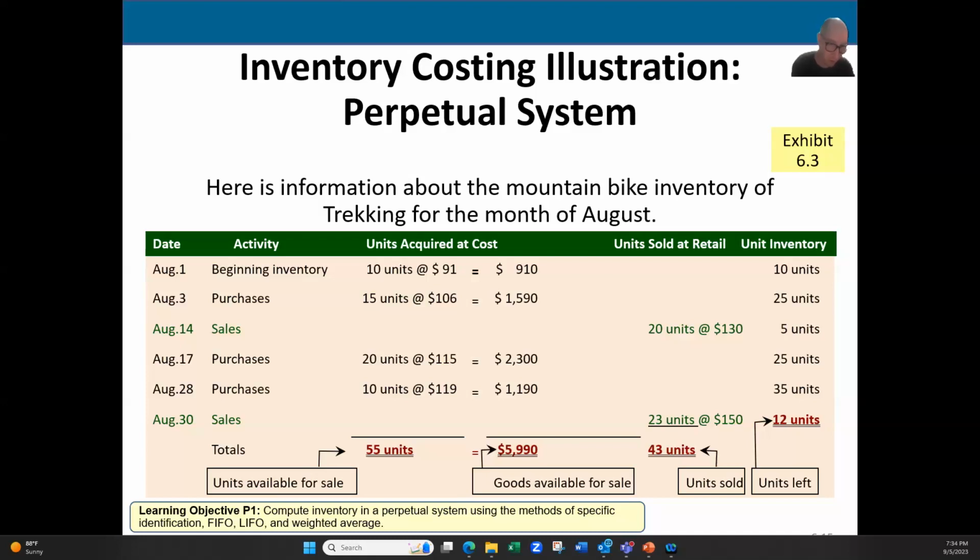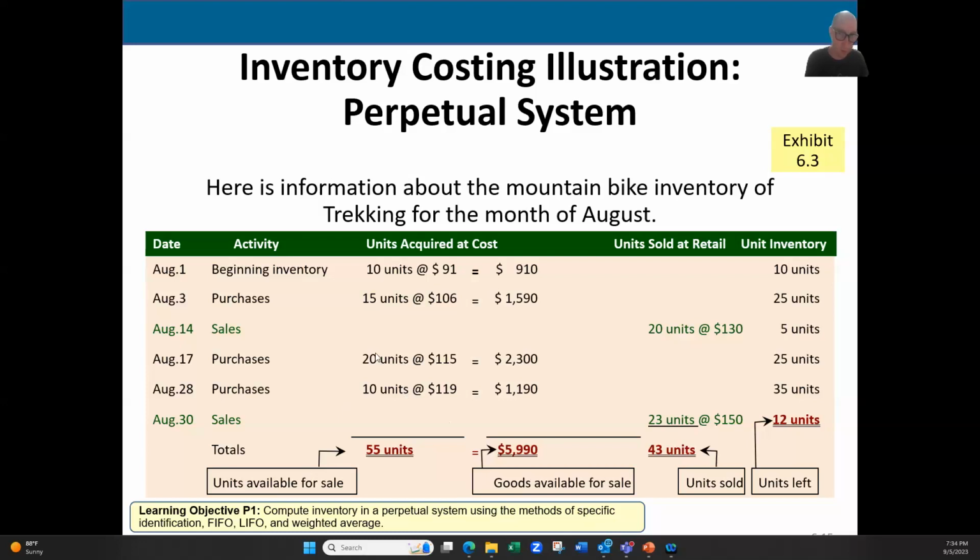We purchased a total of $5,990 worth of bicycles for the month of August. We sold 43 of those bicycles in the month of August. That's the data that we're starting with. It's important that we know that, because when we put this data into first in, first out, then last in, first out, and then weighted average, it'll make more sense.